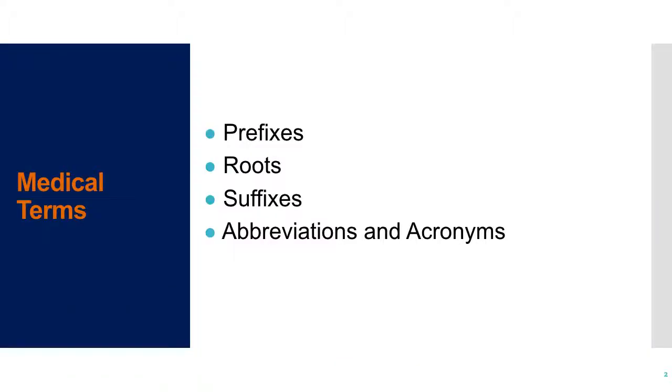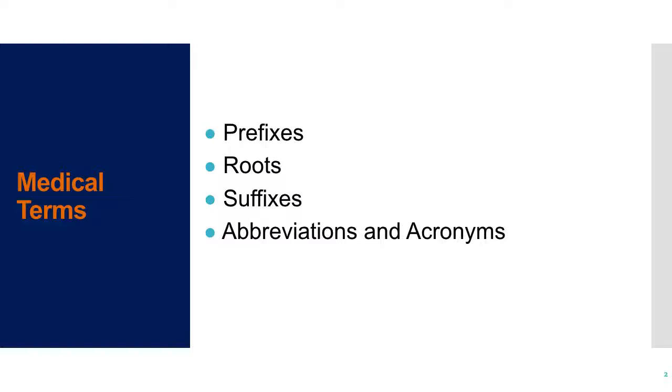Medical terms are essentially made up of three parts: a prefix, which is the beginning part of a word, the root, and the suffix, which is the ending part of the word. We also tend, as an industry, to use a lot of abbreviations and acronyms.